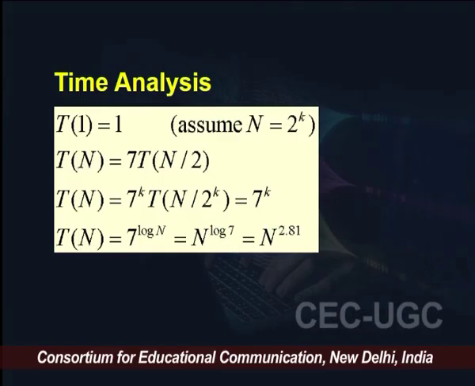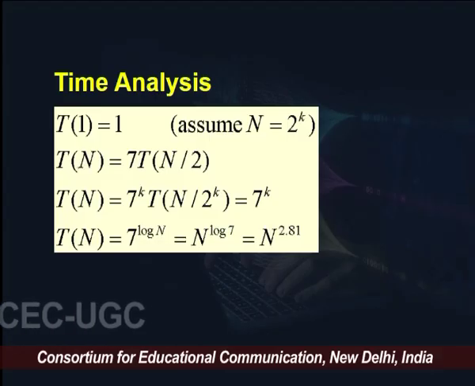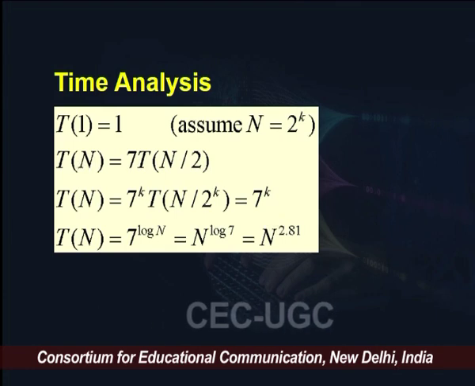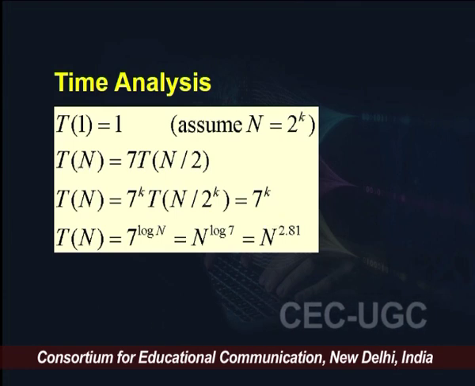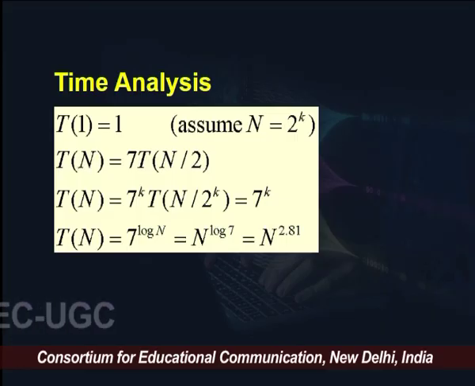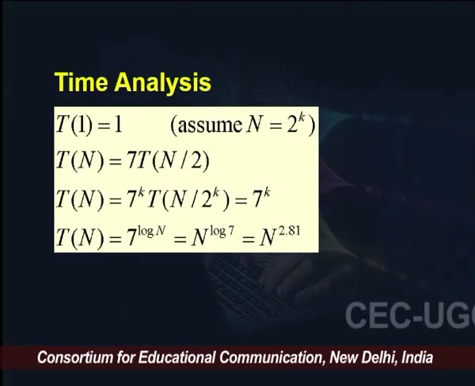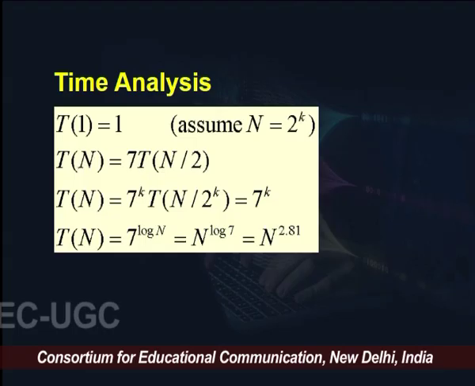So, T of n is equal to 7 T of n by 2, since we are multiplying 7 matrices of size n by 2 each. Applying this formula for n equal to 2 to the power k, we get 7 to the power k times T of n upon 2 to the power k, which is equal to 7 to the power k.